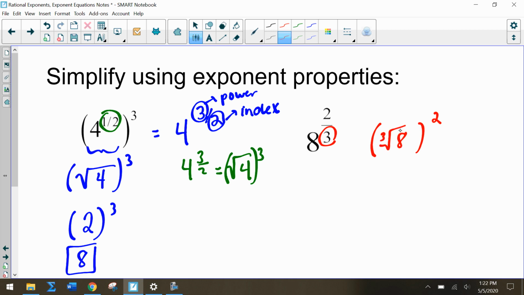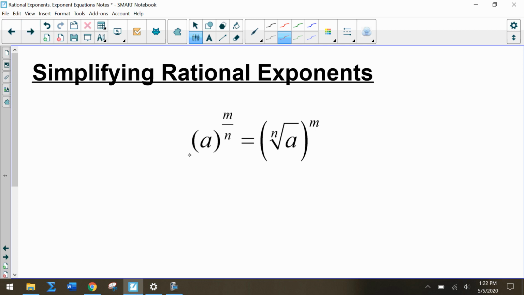Okay, so the cubed root of 8 is 2, and then we have 2 squared, which is 4. Okay, so here's the rule that we can think about. If we have a to the m over n, that can simplify to the nth root of a to m. So it's always power over root or index. Okay. So it's something that will be useful as we go through this next unit.